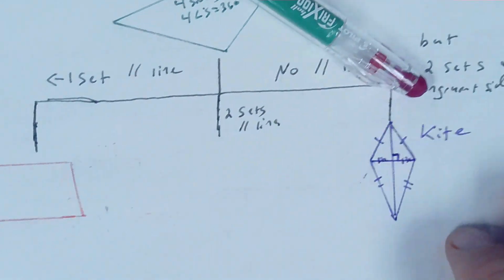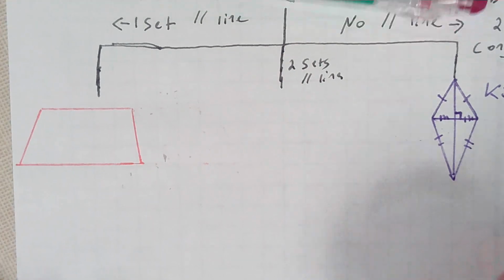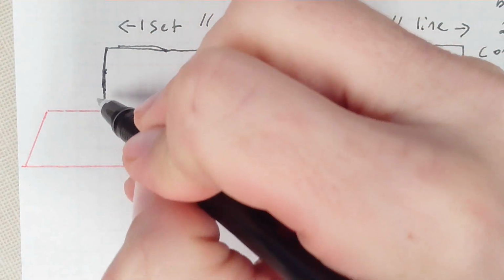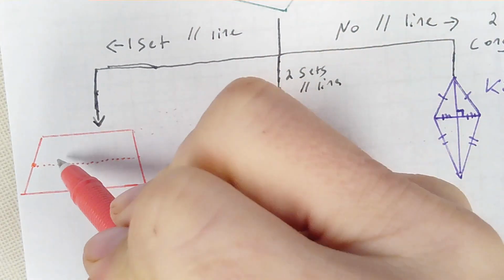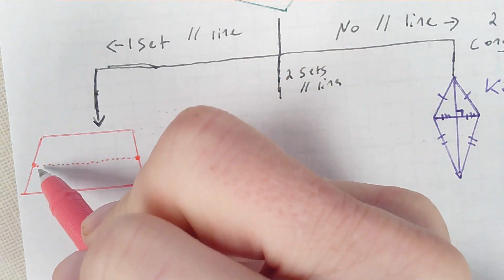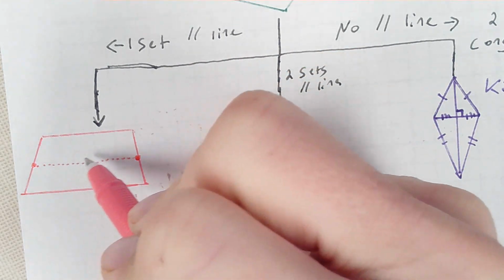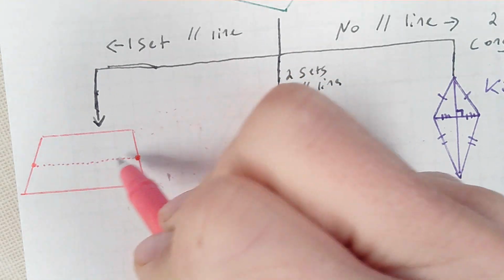Trapezoid. Okay? And in a trapezoid, remember we have the midpoint thing, the midline.